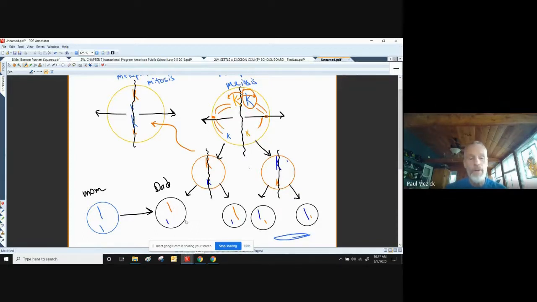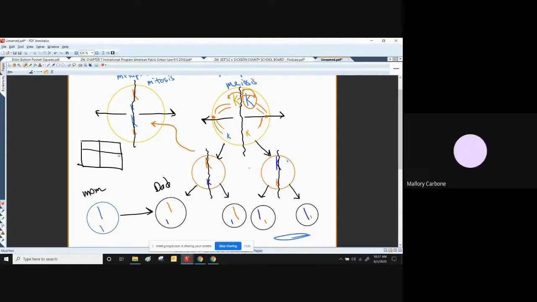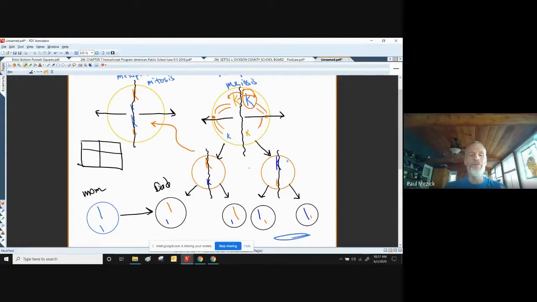You remember when you did Punnett squares? Kind of. So you did these boxes like this? Yeah. Okay. Well, don't panic because you're going to understand this now. You know why? Because you see what I just did? How I said the possibility of a long blue and a short orange.